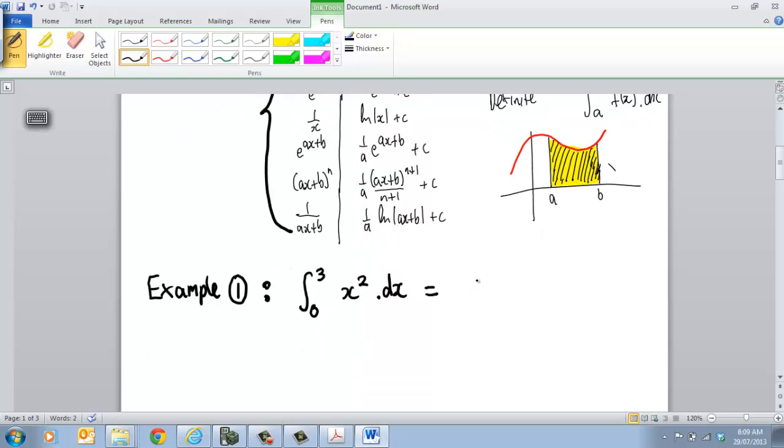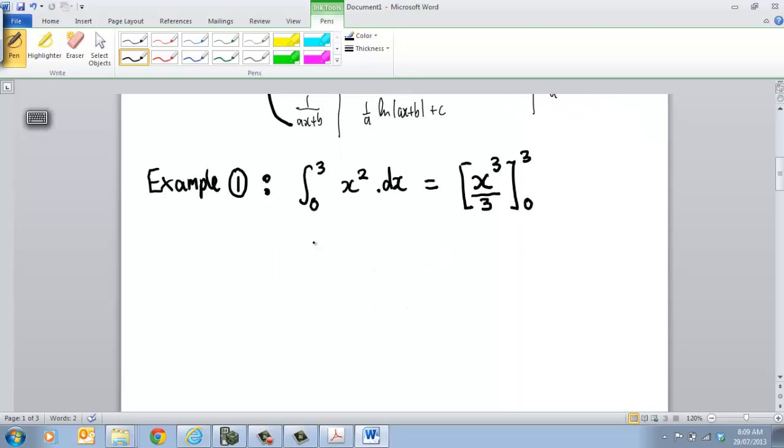Because we've got a definite integral, we don't actually have to put the c value in for this one. So what I have to do is go x, and I'm increasing the power by 1, so that becomes x to the 2 plus 1, which is 3, and that's all over n plus 1, which would be 3. And because we've got a definite integral, we're then going to define that between 3 and 0. When I start working that out, I substitute 3 into that equation, so that becomes 3 cubed all over 3, take 0 cubed all over 3.